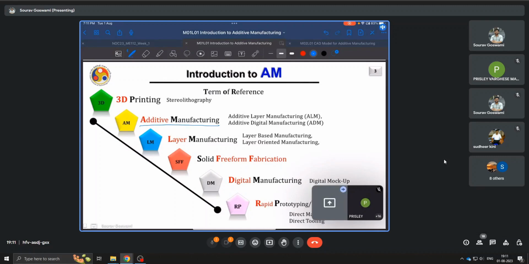Layer manufacturing, because by definition it is a layer by layer process. In fact, if some process is not layer by layer but fulfills all the other criteria of AM-like processes, it will not be counted as one. Solid free-form fabrication, of course, another common term often encountered in literature related to AM. We have digital manufacturing and rapid prototyping, perhaps the oldest term used to refer to this.